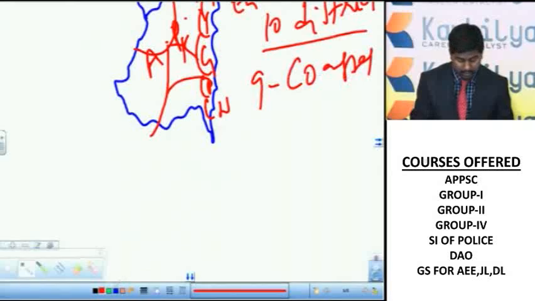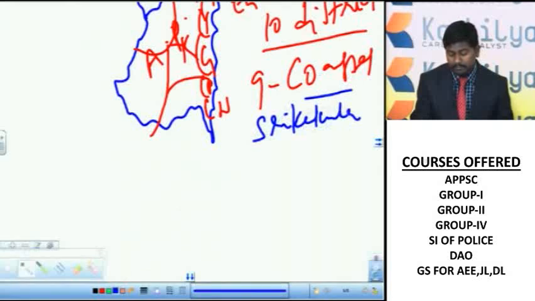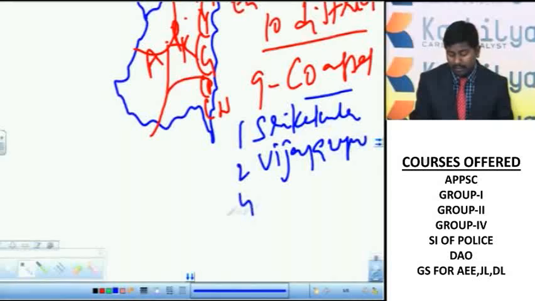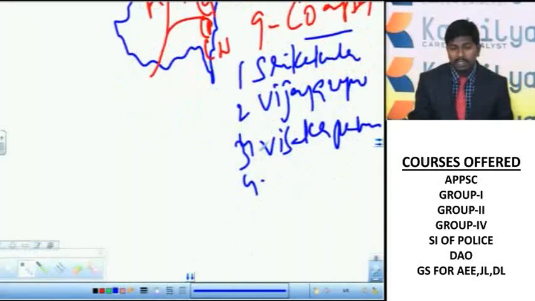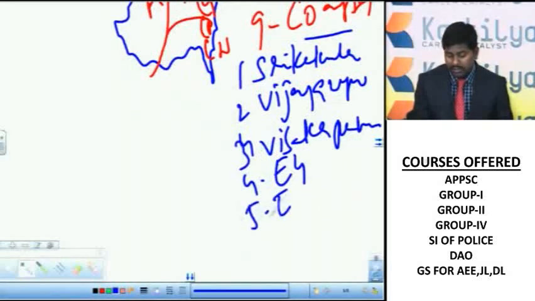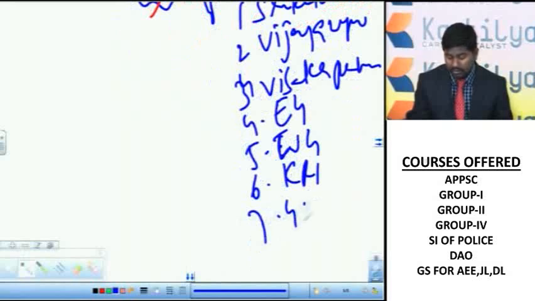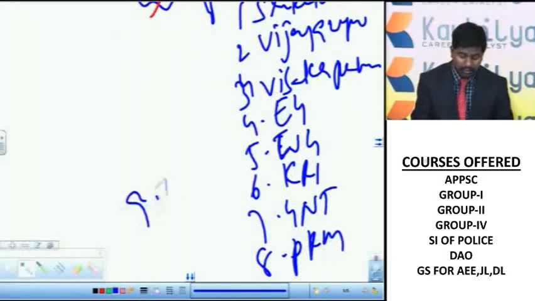So these 9 coastal districts are Srikakulam, Vijayanagaram, Visakhapatnam, then East Godavari, West Godavari, Krishna, Guntur, Prakasham and Nellore.